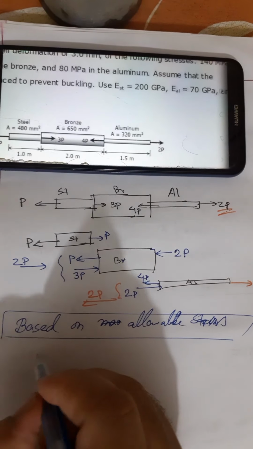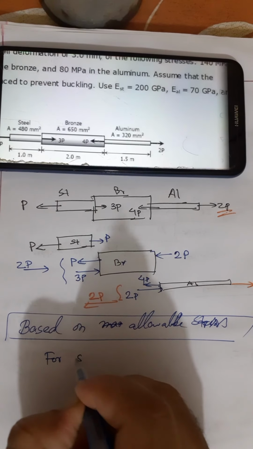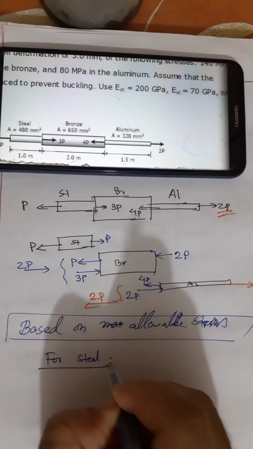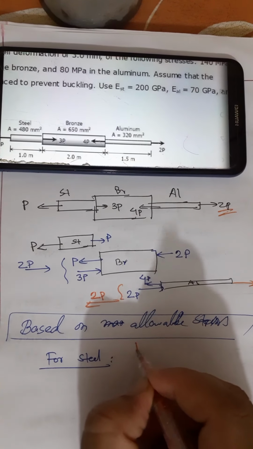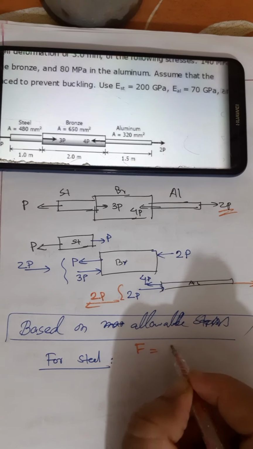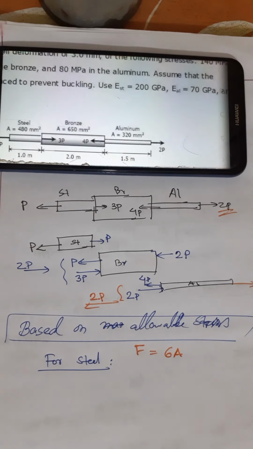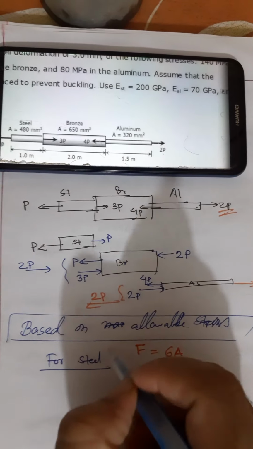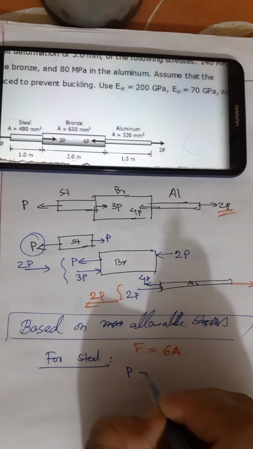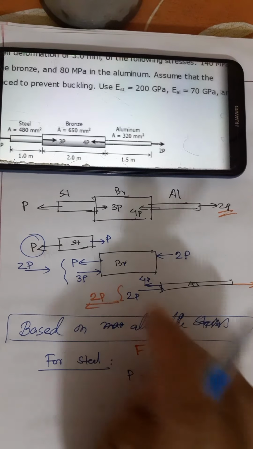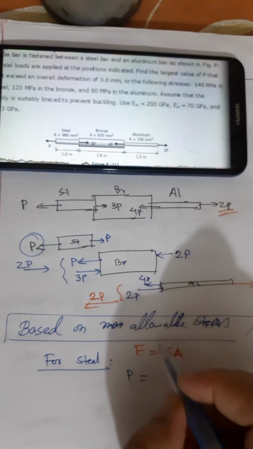So for the first portion, that is steel, we know force equals stress into area, and for steel the force is P. So P equals, and sigma given for steel is 140 megapascal.